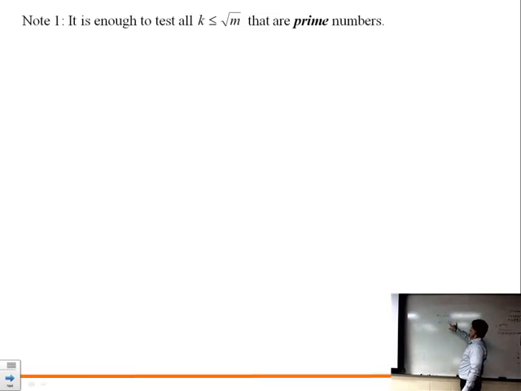So a times b is equal to the square root of m times the square root of m. So the two products are equal. But what that means is that one of these two can't exceed the square root of m, and the other one can't be any less.